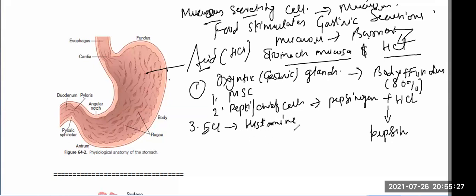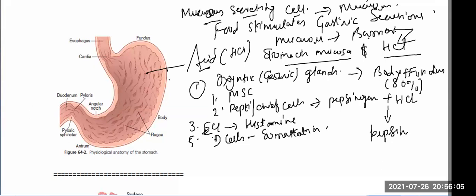And histamine further stimulates parietal cells to secrete hydrochloric acid. So ECL cells are important. And you also have D cells that secrete somatostatin. So these are cells and secretions of oxyntic glands that fall in the body and fundus part of the stomach, and they constitute 80% of the stomach.